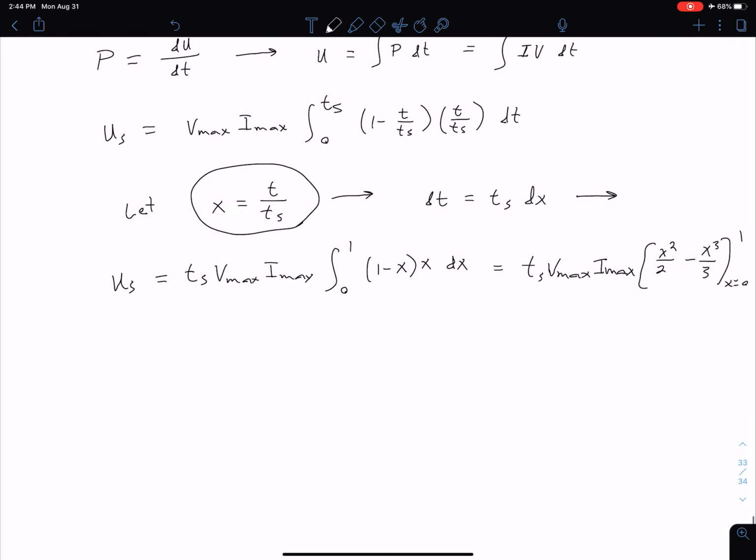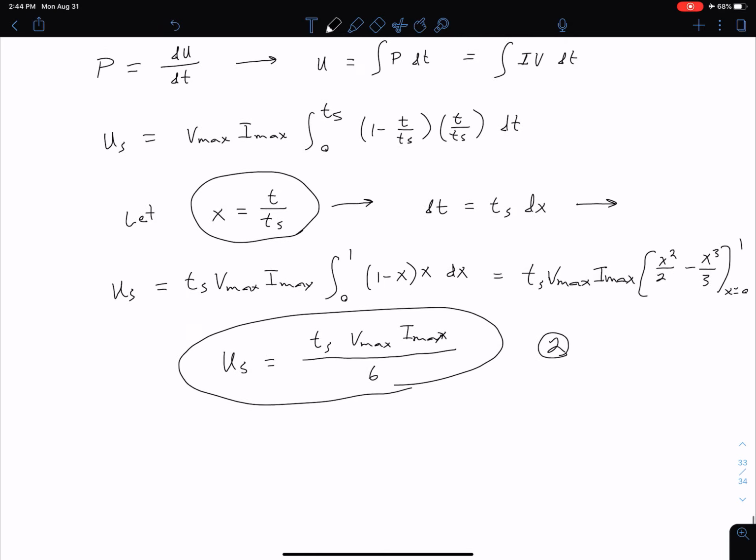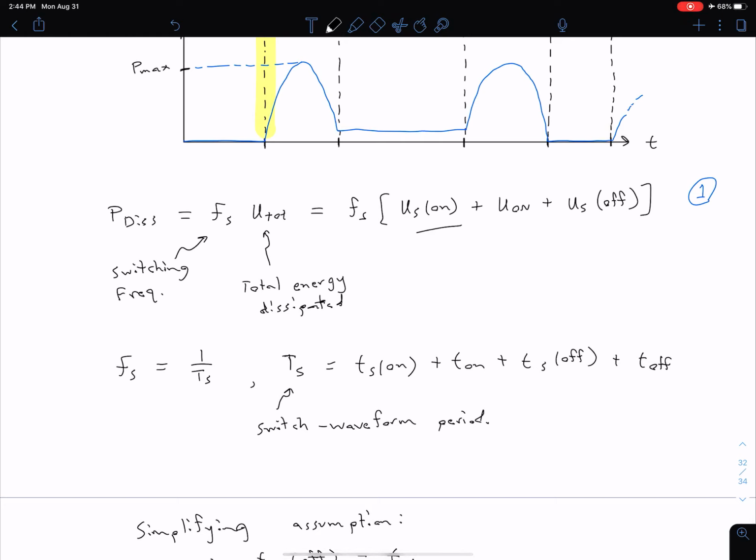We do that, and we find that our energy U of S is equal to Ts, Vmax, Imax, divided by 6. This equation, we're going to call equation 2, and ultimately we're going to substitute that in for our energy in our off and on switching time.